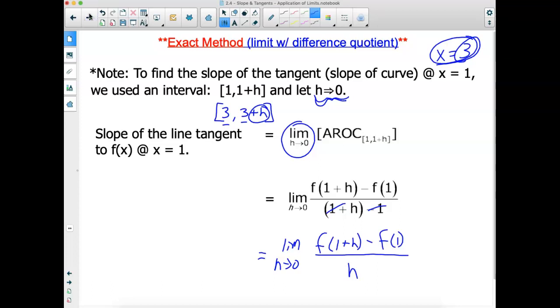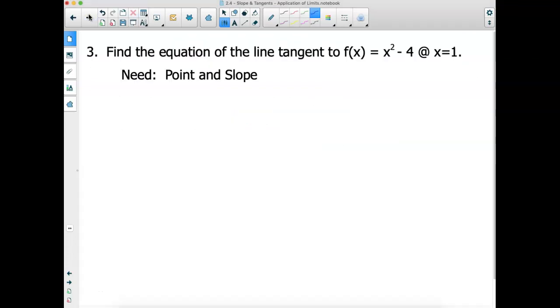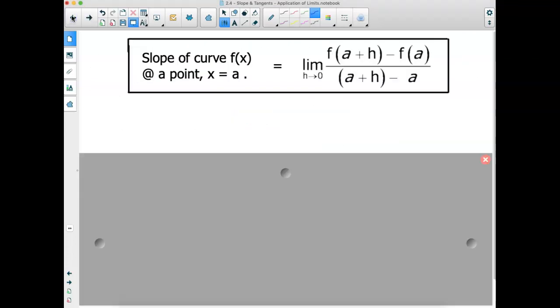Now, next page, if I can get to the next page. So the slope of the curve f of x at the point x equals a is given to you right here, where a is any number. Notice the a is anything in here.